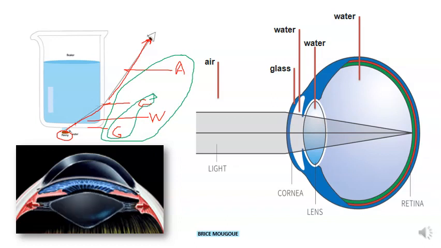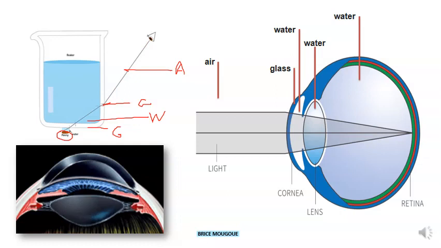The second question is, do you think the light will travel the same way through all the media? The answer is no. Because at each interface, the light will bend. The light will obviously bend.